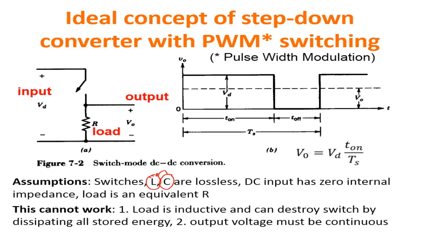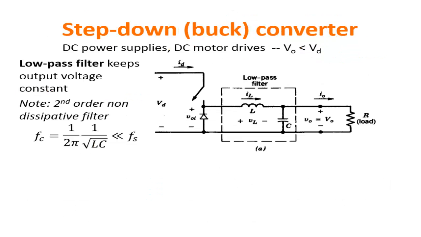Let's see in practice how this works. This is the situation that in practice you have. This is the switch that I discussed before. This is the step down. We are talking about reducing the output voltage with respect to the unregulated input voltage. Then you have the switch as before. This LC block is a low pass filter.